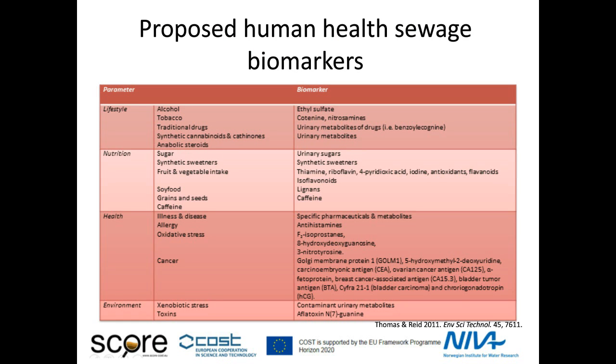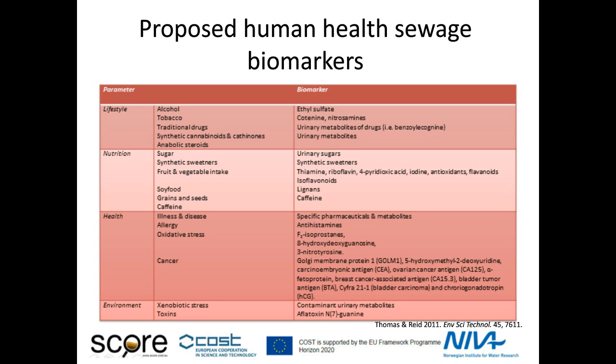So in that paper, Kevin Thomas and I postulated a number of things that we could use wastewater-based epidemiology for. Everything from lifestyle, which I've talked about, for drugs and alcohol, for example. But going on to nutrition, we can look at flavonoids, for example, urinary sugars, that kind of thing, to try and understand what people are eating and drinking, and if there's any correlations between that and their health outcomes in that community.